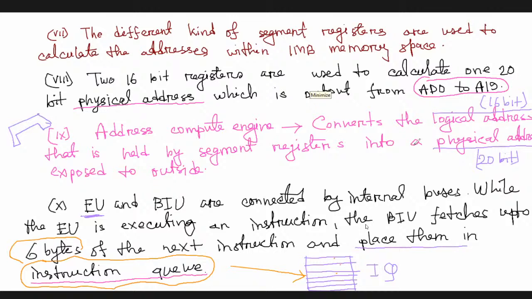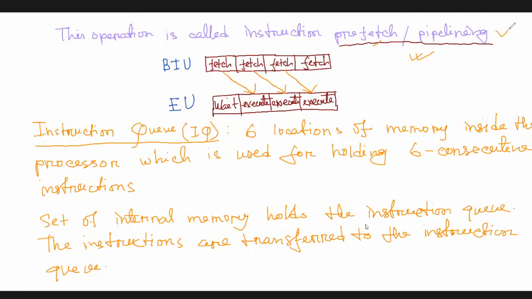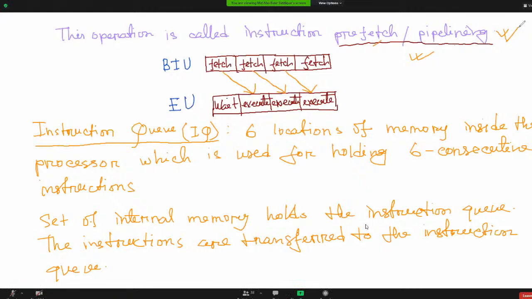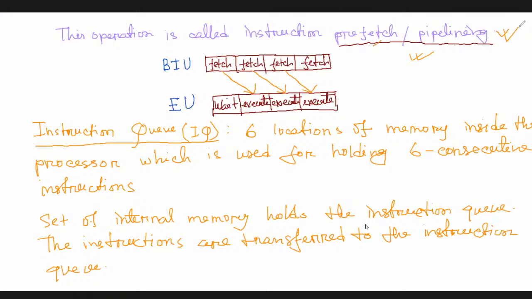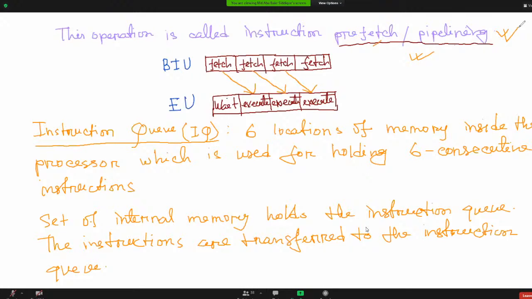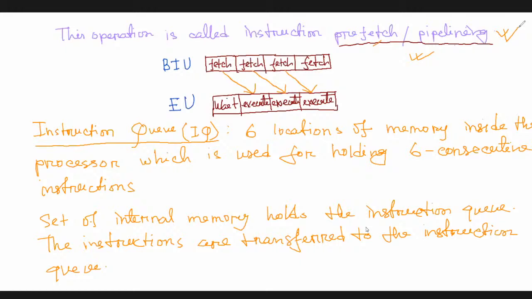So why do we need the instruction queue or prefetch? Why do we need instruction prefetch or pipelining? A student answers: connect the bus interface unit and execution unit.